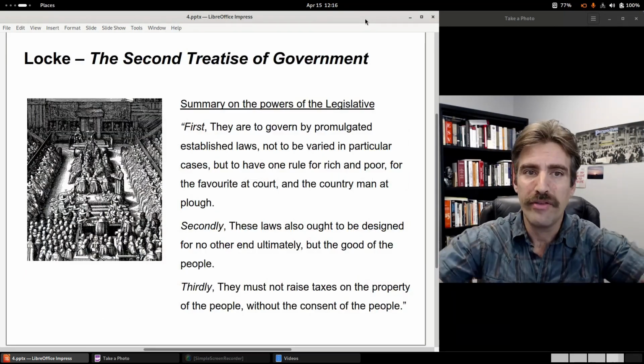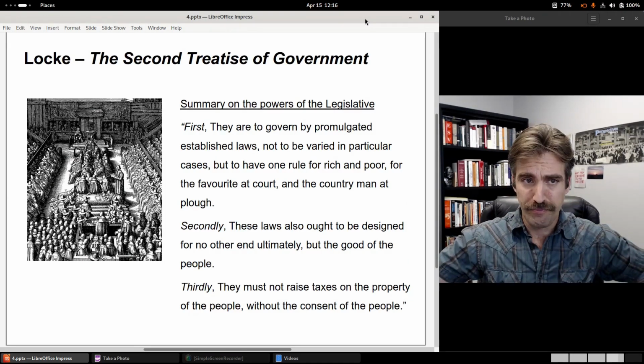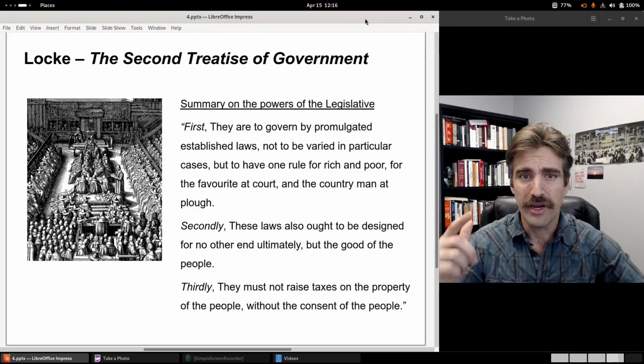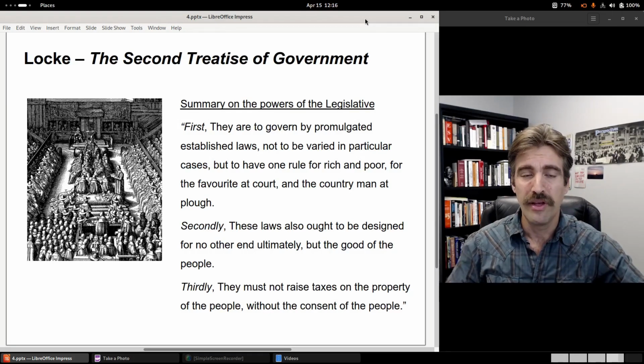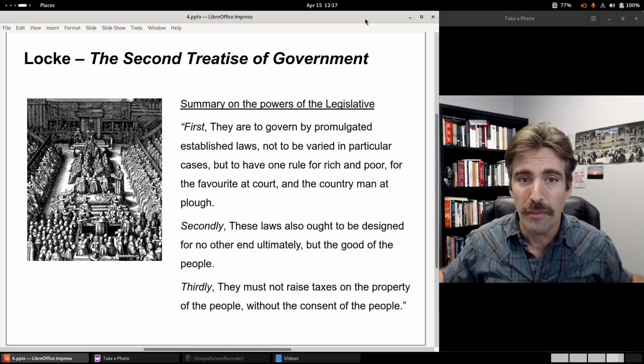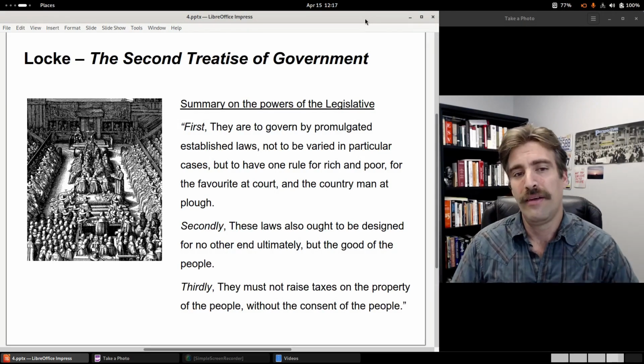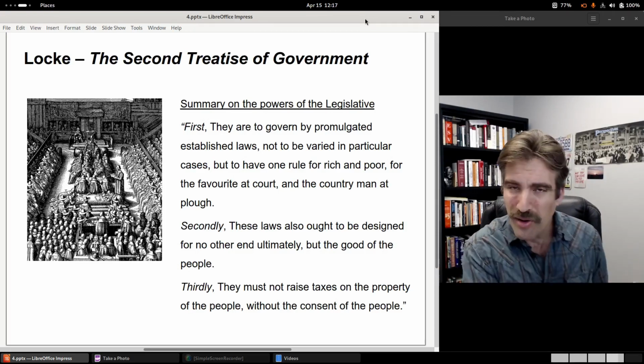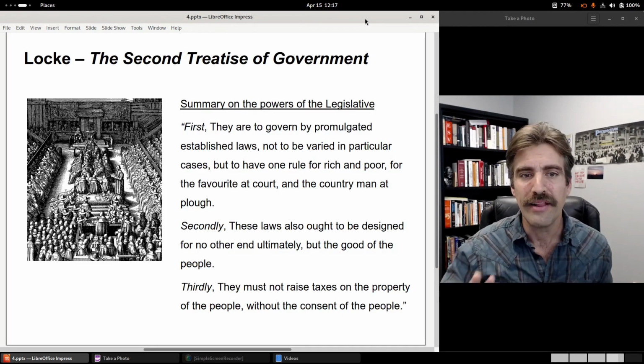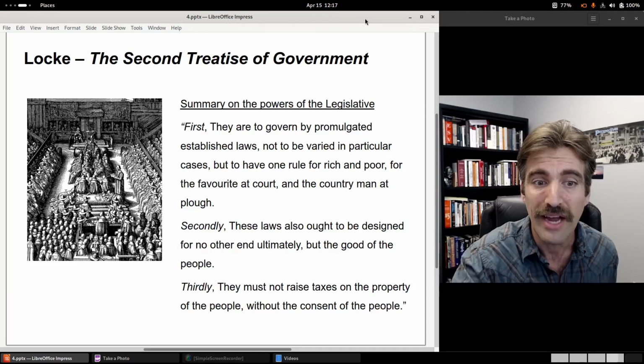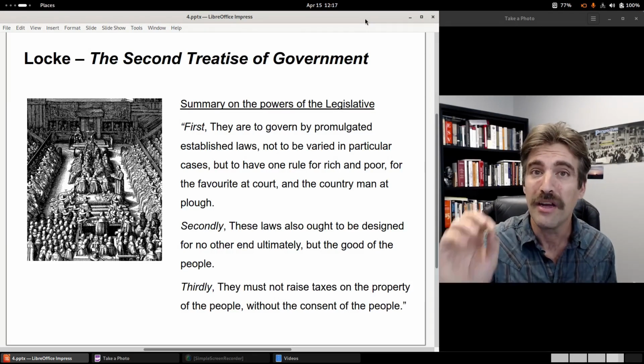So Locke summarizes the powers of the legislative. First, they are to govern by promulgated, established laws. These laws are to apply equally to all people: rich, poor, people who are in favor with the government, people who aren't favored by the government. Secondly, these laws ought to be designed for no other end ultimately but the good of the people.